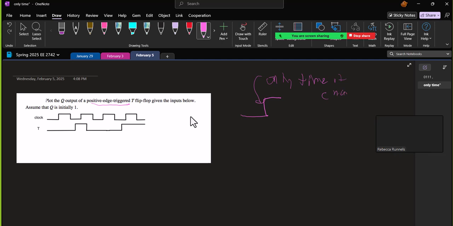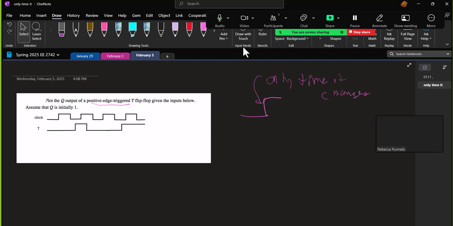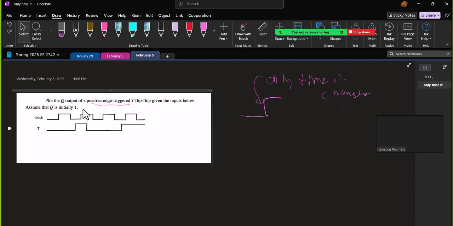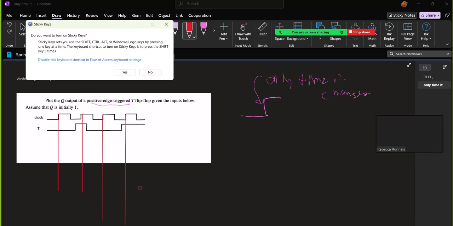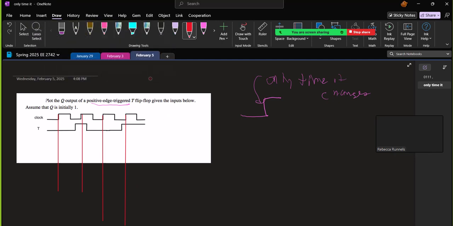So I like to draw vertical lines wherever I have the positive edge so that I know where I'm going to have a change. Okay, so those are the only places it can change.